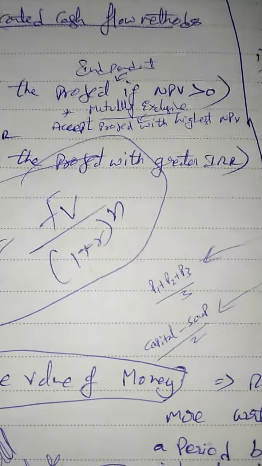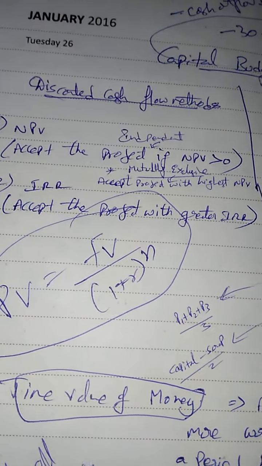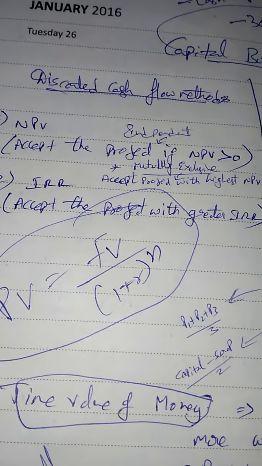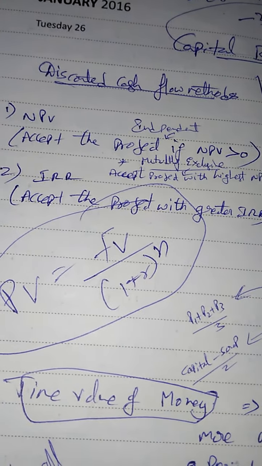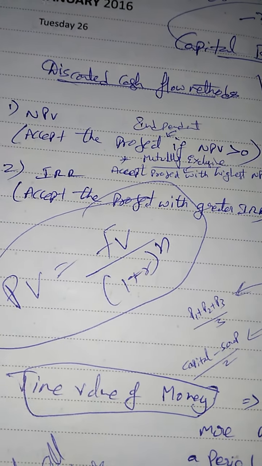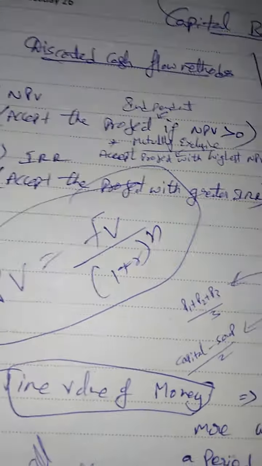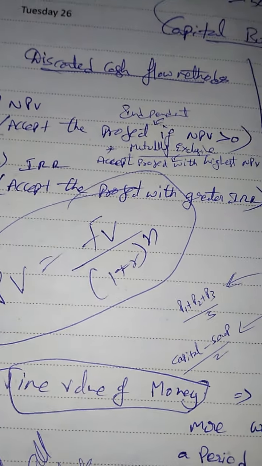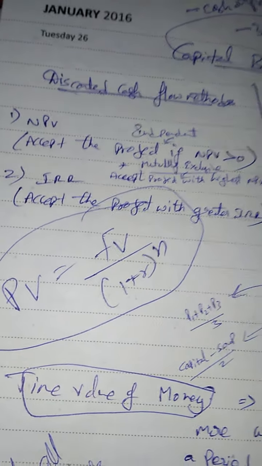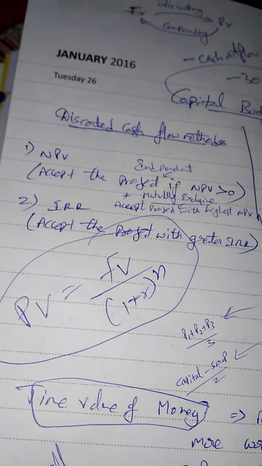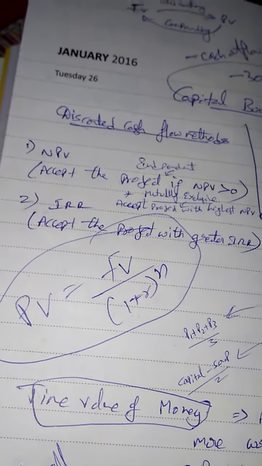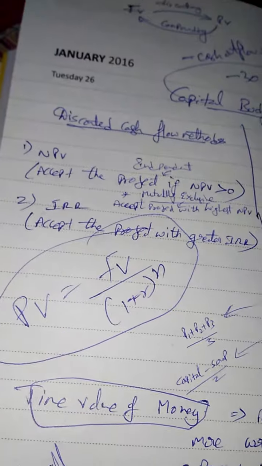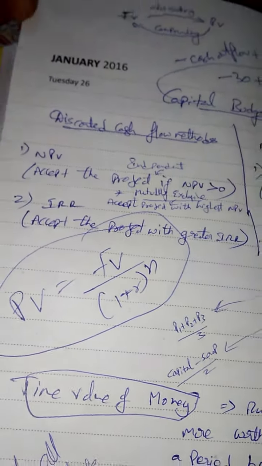Now if both are not related to each other, then accept that project whose NPV is more. One NPV is plus 2 and another NPV is plus 4. Accept the project whose NPV is plus 4. That is only if the projects are mutually exclusive. Otherwise, accept all the projects whose NPV is greater than 0. That is discounted cash flow method.